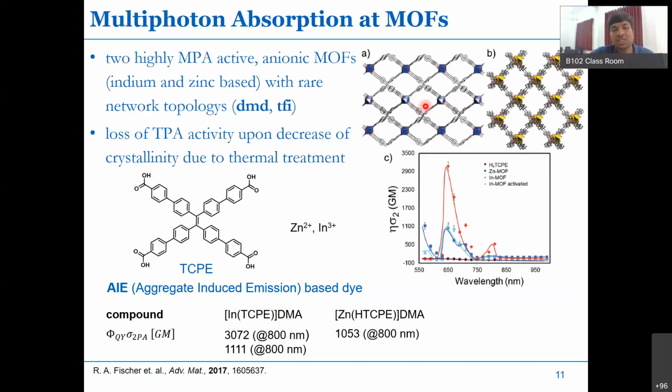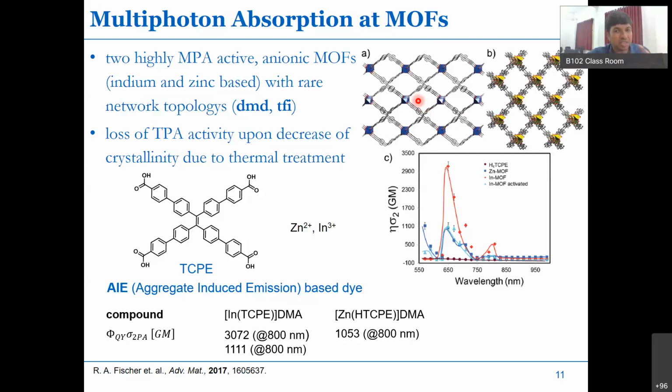Because of such high porosity, if you remove the solvent from the framework, the empty space is not sustained, the framework deforms, and the crystallinity is lost. The long range order is reduced, and these very crystalline compounds convert into non-crystalline or amorphous compounds.